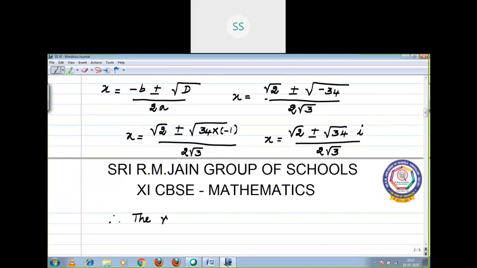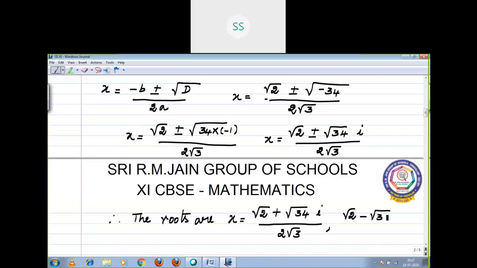Therefore, the roots are x is equal to root 2 plus root 34i divided by 2 root 3, comma, root 2 minus root 34i divided by 2 root 3. Right? I hope you people understood. Now I am going to move to question number 9.